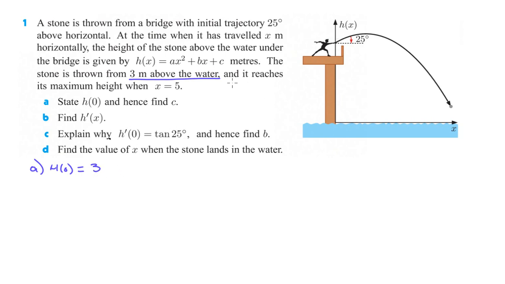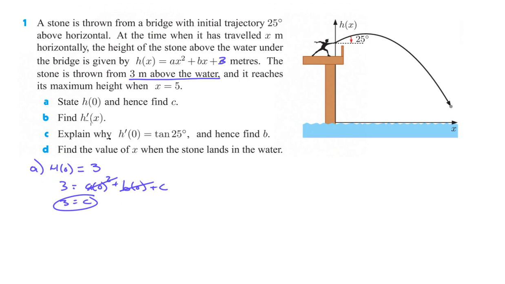And it says, and hence find c, because if you look at this, h(0) equals a times 0 squared plus b times 0 plus c. That turns into 0, that turns into 0. We already know that this over here is 3, right? So we know that 3 is c. So now instead of that c, we're going to put a 3 in there.